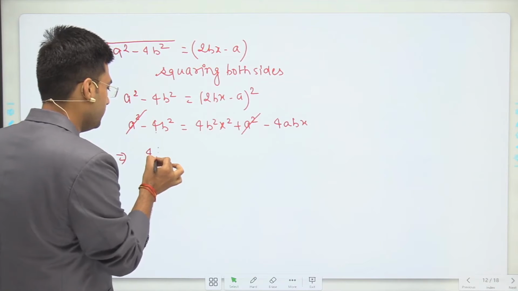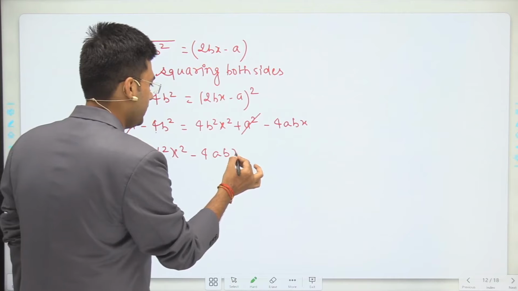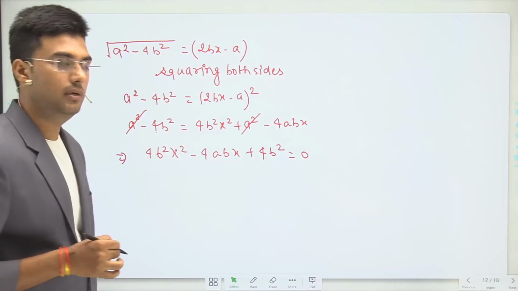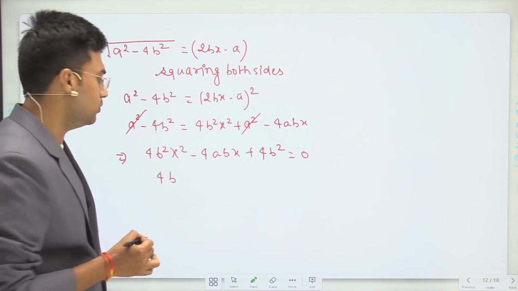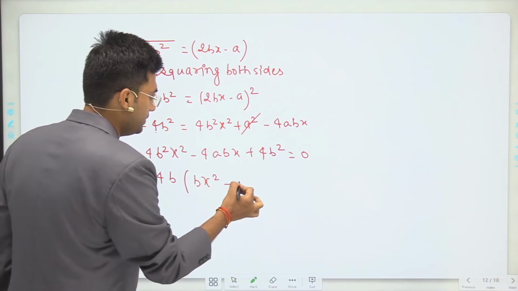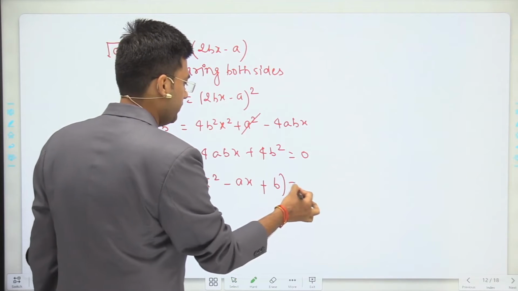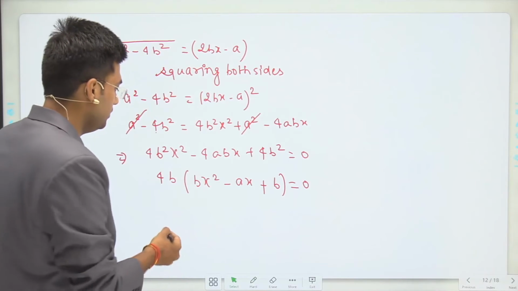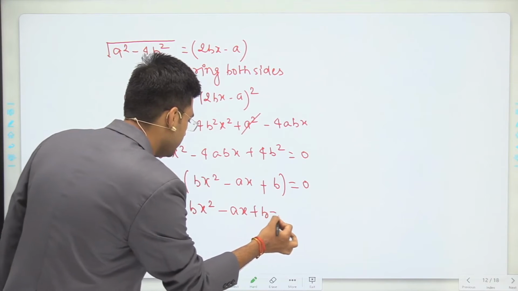Okay, now this a square and a square cancel out, then what will we get? We get 4b square x square minus 4abx plus 4b square equal to 0. Clear? Now we can solve it by taking 4b as common, and dividing this equation by 4b, we will get bx square minus ax plus b equal to 0.